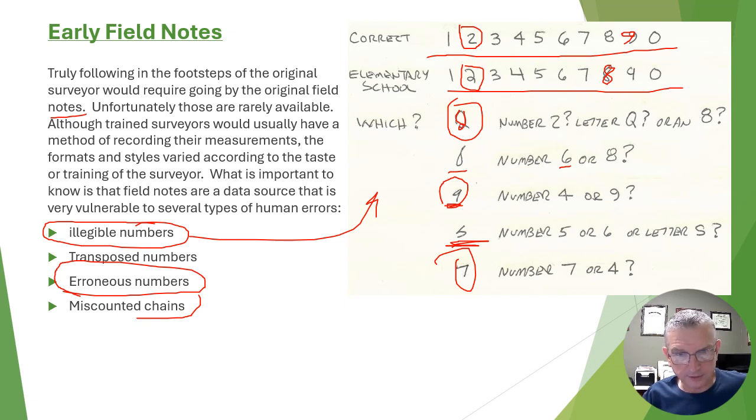I saw this, and it was basically where the person tried to do that and make a 4. There wasn't a whole lot of tail up here, and they didn't have a whole lot of tail right here, so it just looks like a fancy 7. But it was a 4. Took some trial and error to find out the source of that error.